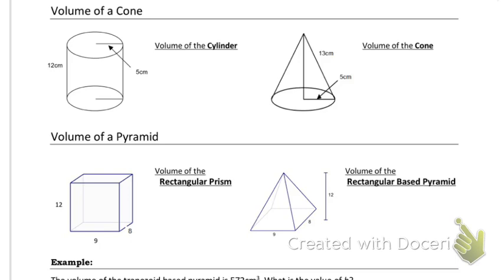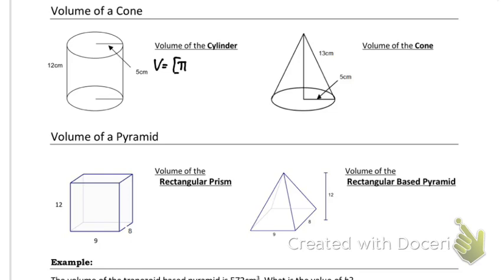All right, we did volume of cylinders and we did volumes of rectangular prisms before. We did that yesterday. So let's do the volume of the cylinder. The volume of a cylinder is going to equal our base area times our height. Our base area for this one would be pi r squared.